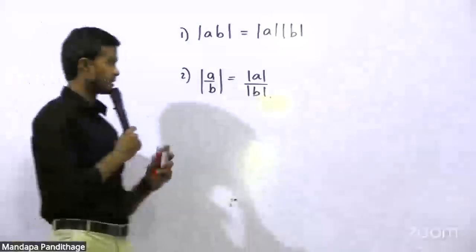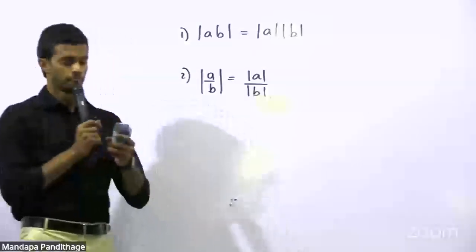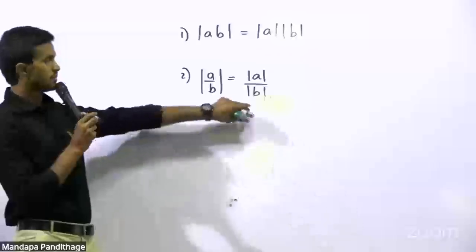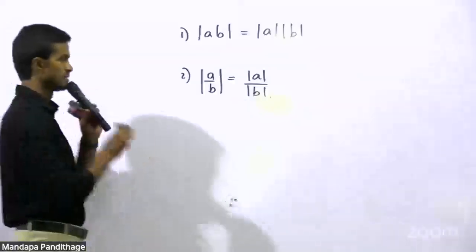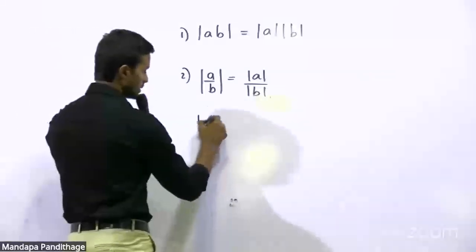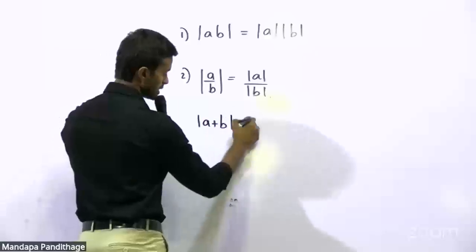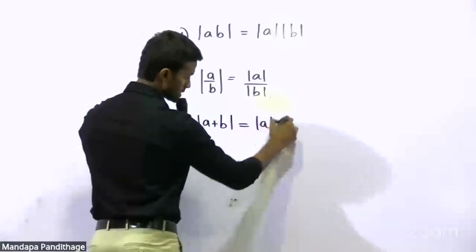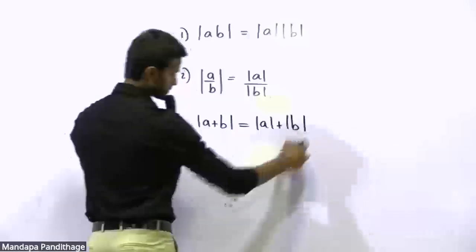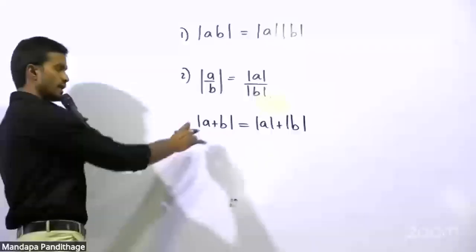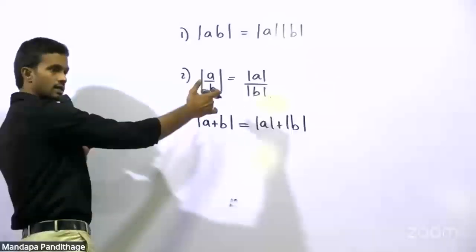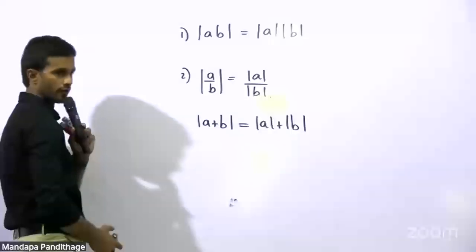Even though the product and the division can be split in this way, the addition and the difference can't be separated. For example, there's no mathematical fact that modulus of A plus B is equal to modulus A plus modulus B, because there are instances where this is correct and instances where it is wrong.